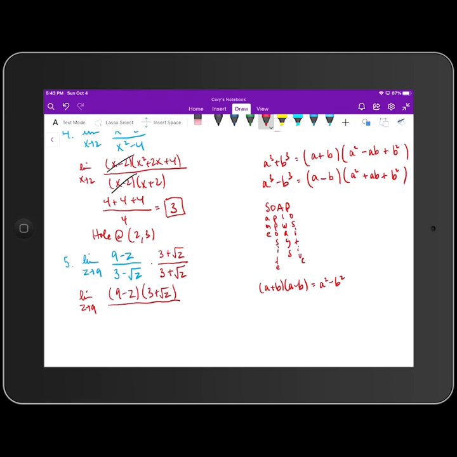And when I multiply in my denominator 3 minus rad z times 3 plus rad z, again, that's of the form a minus b times a plus b. That's going to give me a squared minus b squared. So a squared, that's 3 squared, which is 9, minus rad z squared, that's going to become z.